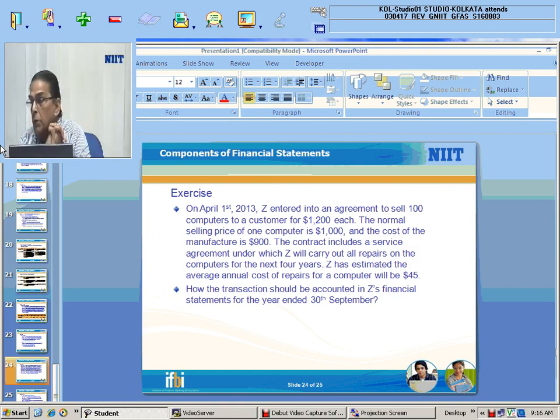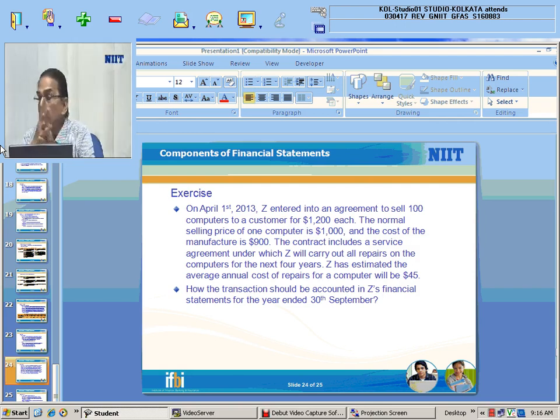So how will it be accounted for on 1st of April 2013 in Z's books? One, revenue will be $1,000, cost of goods sold is $900 and profit is $100 for each computer.